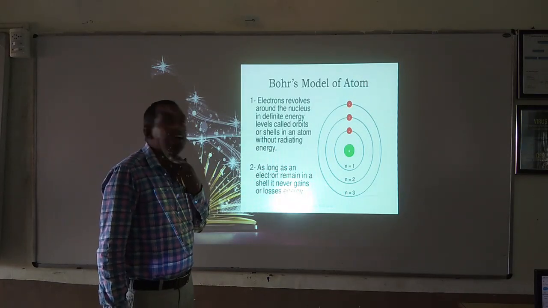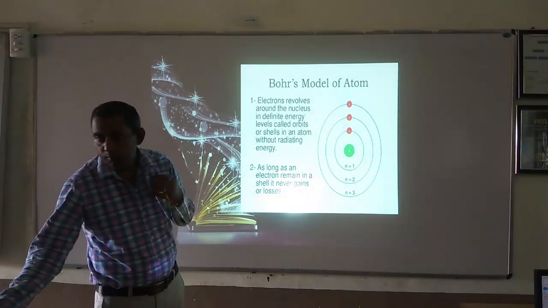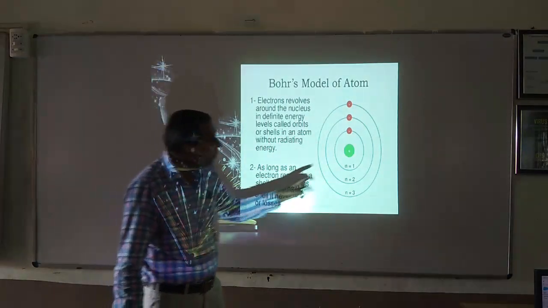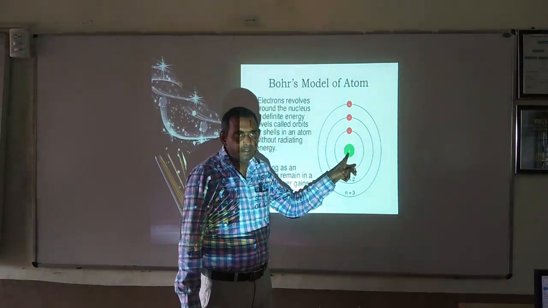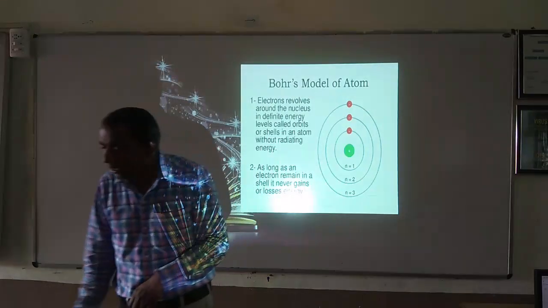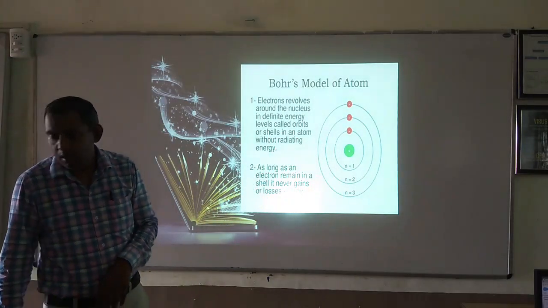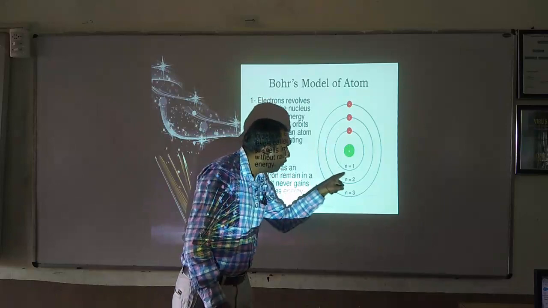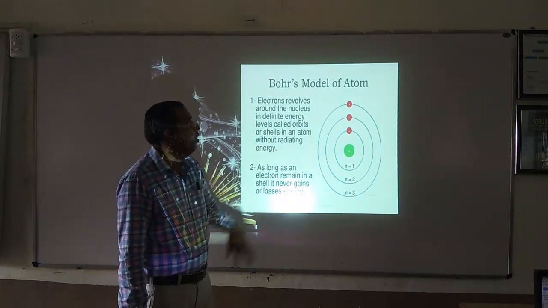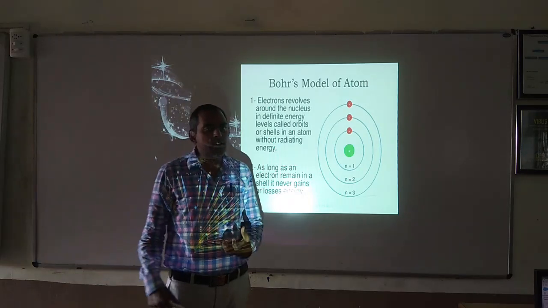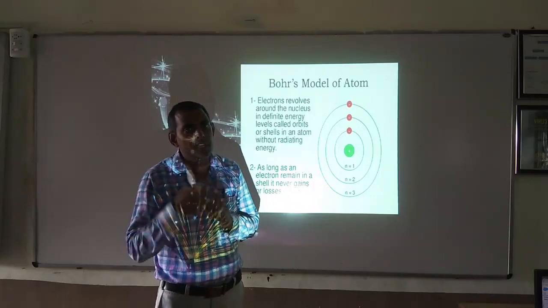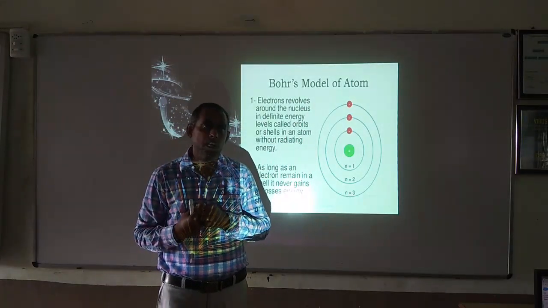An atom consists of a positively charged nucleus at the center, and it contains electrons which are negatively charged. These electrons revolve around the nucleus in a specified orbit. Take the example of our solar system, where the sun is the nucleus and the planets are like electrons.